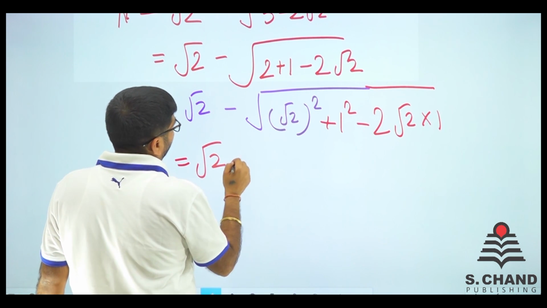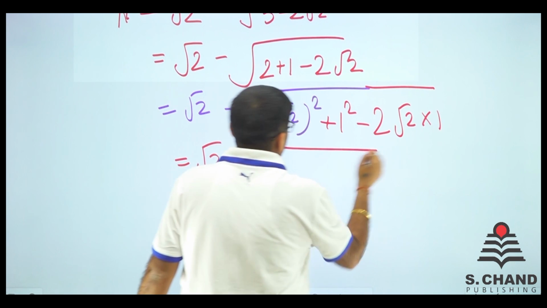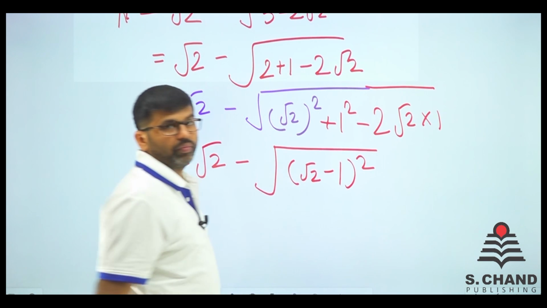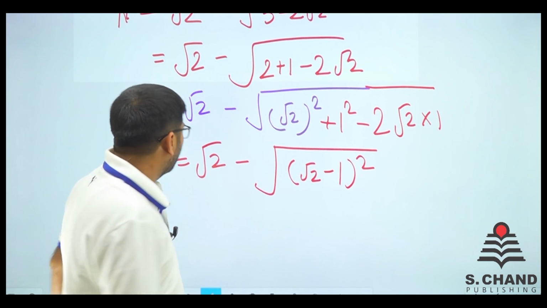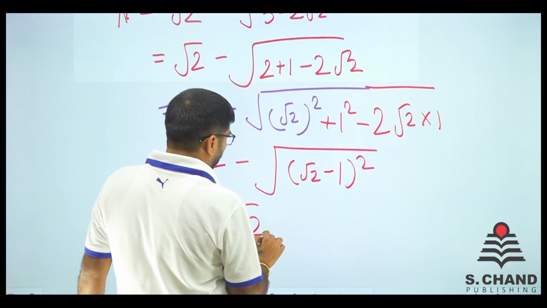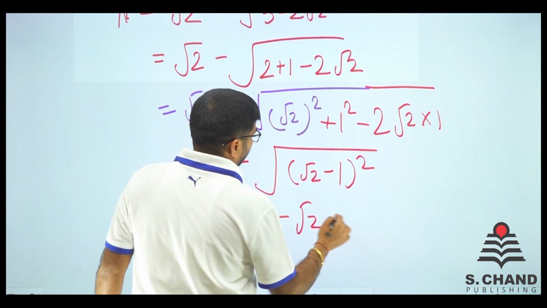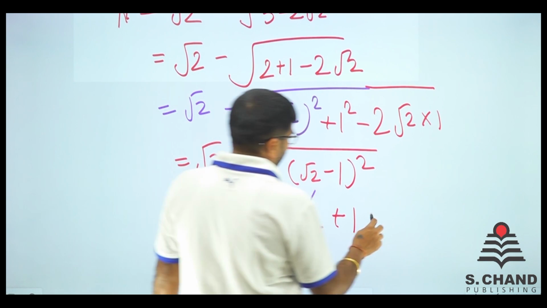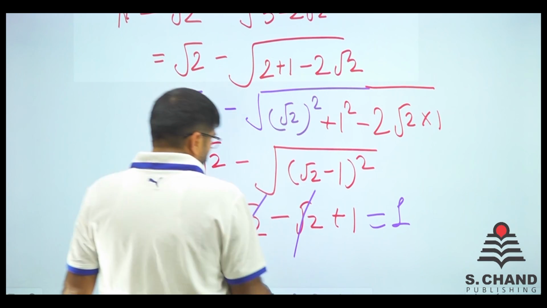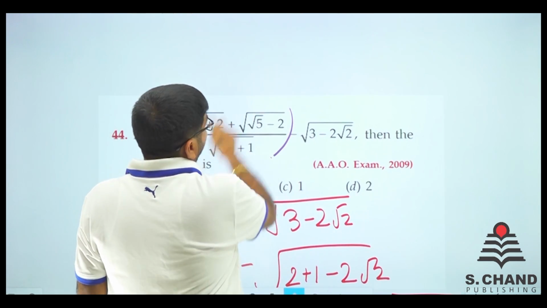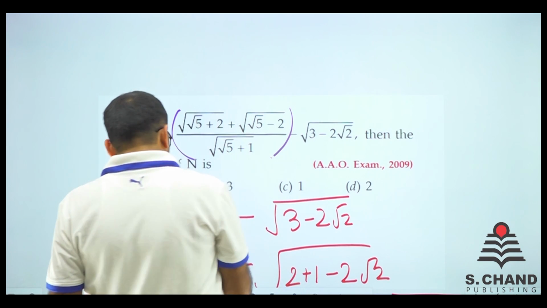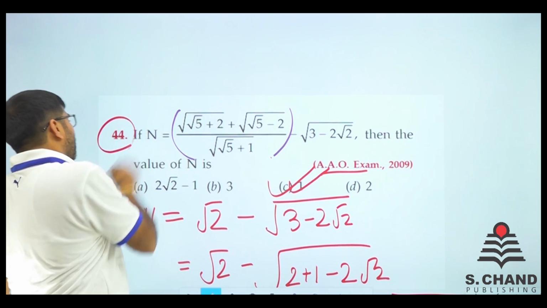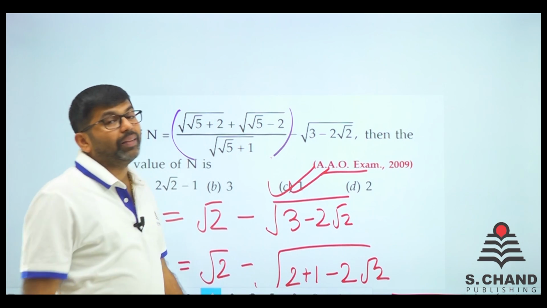This is root 2 minus root 2 minus 1 whole square, right? So the square and root get cancelled out. So finally we have root 2 minus root 2 plus 1, because minus minus is plus. Root 2 minus root 2 is 0. So the answer is finally 1. So the whole big equation is finally 1. It is from the 2009 examination, question number 44, answer is C, that is 1.